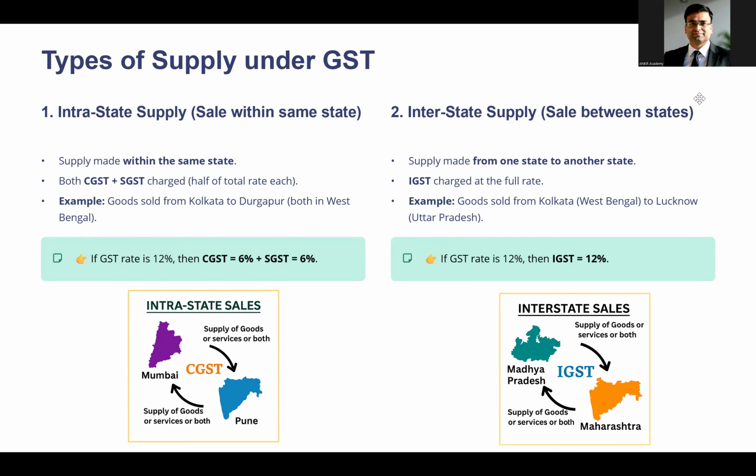In case a person is supplying goods within the state, like somebody manufacturing in Mumbai supplying to Pune, and vice versa, Pune manufacturer supplying to Mumbai, it will be intra-state sales.